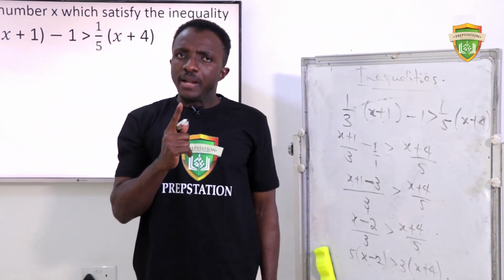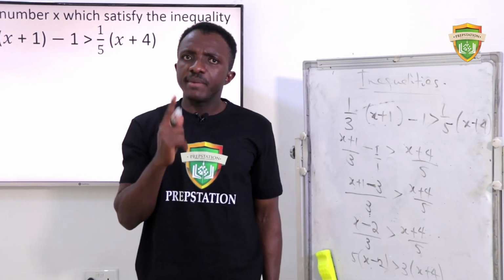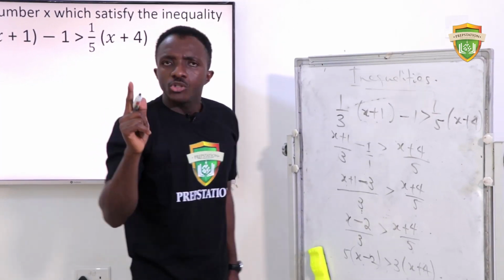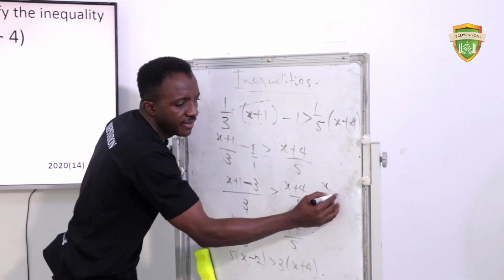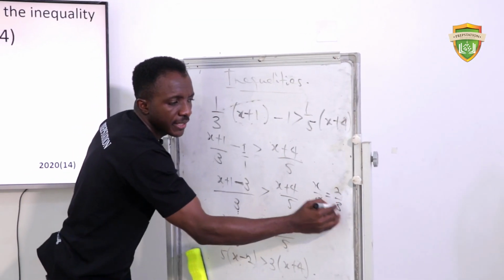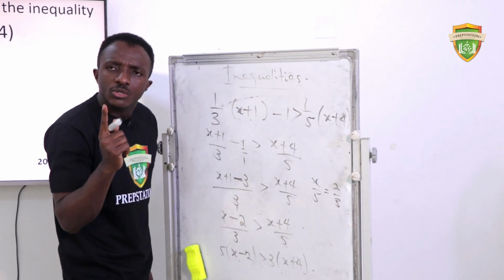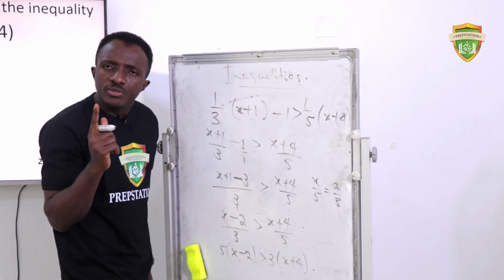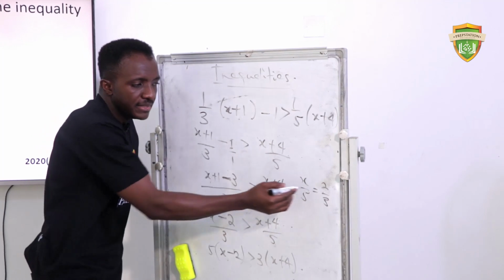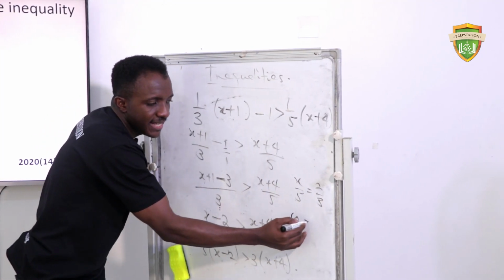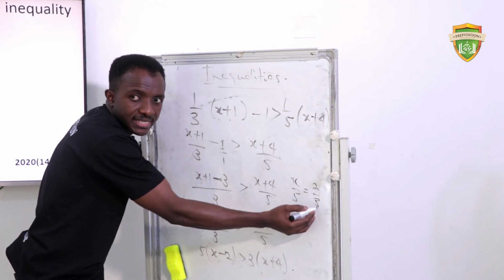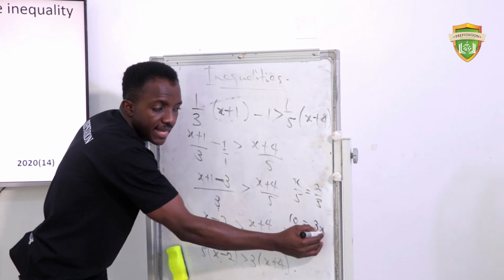When you are cross multiplying, because many students make this mistake, in your normal equation, look at it this way. If I have x over 5 equals 2 over 3, some students make this mistake. They do 2 times 5, 10 equals x times 3, 3x.